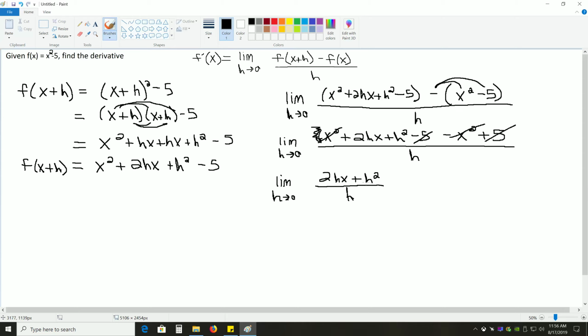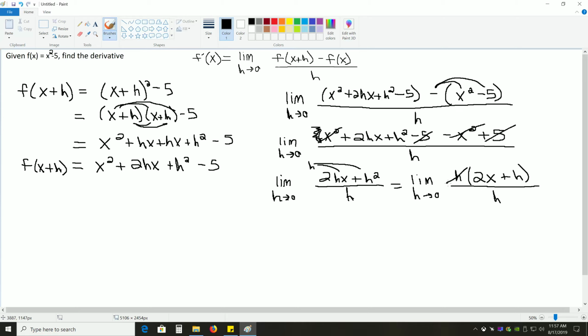And now at this point, we need to cancel out this h in the denominator. And the way that we go about that is, notice we have a common h in the numerator. So we're going to factor that h out, giving us the limit as h approaches 0 of h times the quantity of 2hx when we factor out an h just leaves us with 2x, and then plus h squared when we factor out an h leaves us with plus h, all over h.